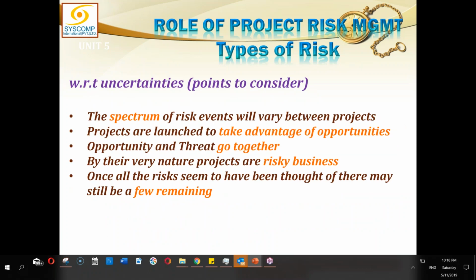There are other ways to look at uncertainties. There are points to be considered here. The spectrum of risk events will vary between projects. An event which is considered a risk in one project might not be a risk for another project. Why is it so?